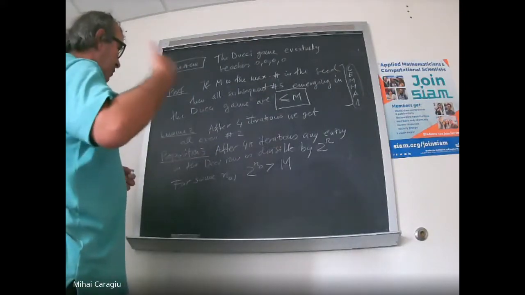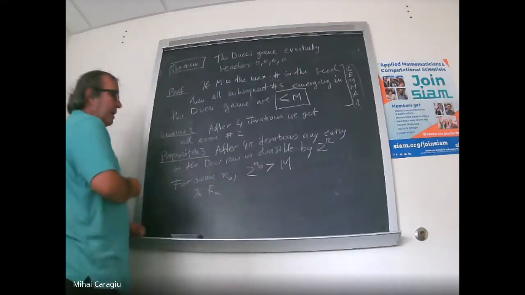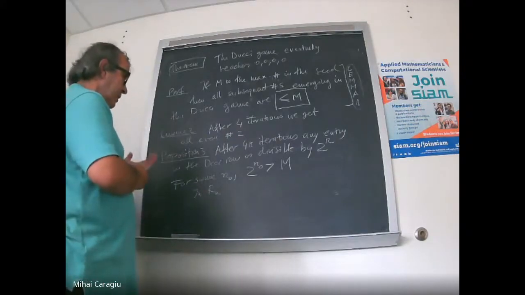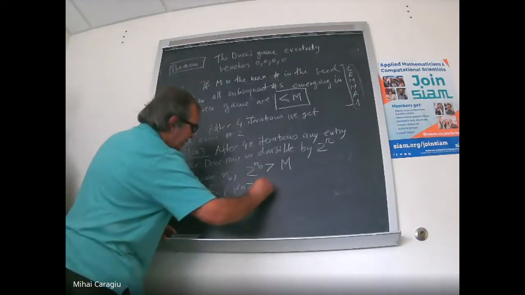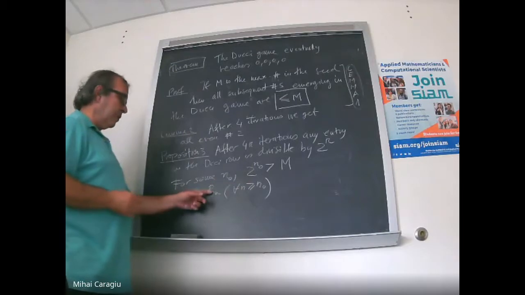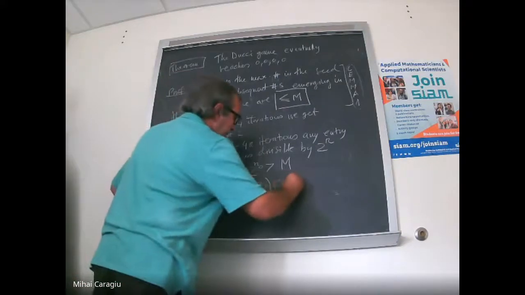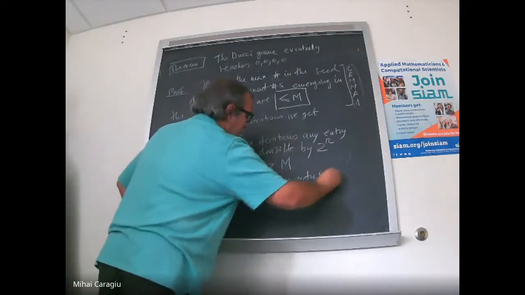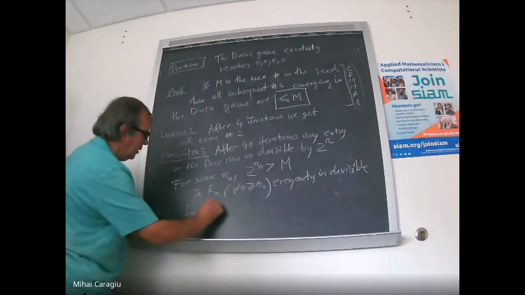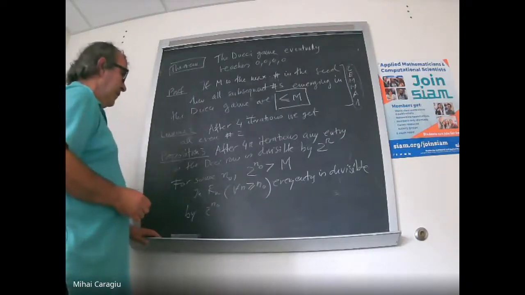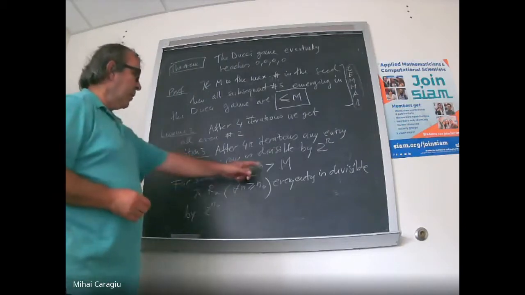In row n of the Ducci game, for every n greater than or equal to n0, every entry is divisible by 2 to the power n0. But 2 to the power n0 is greater than n.